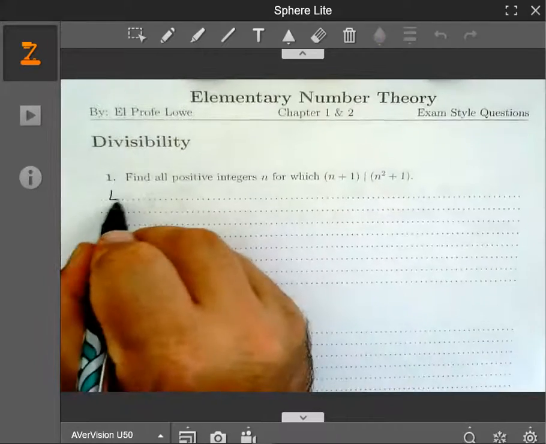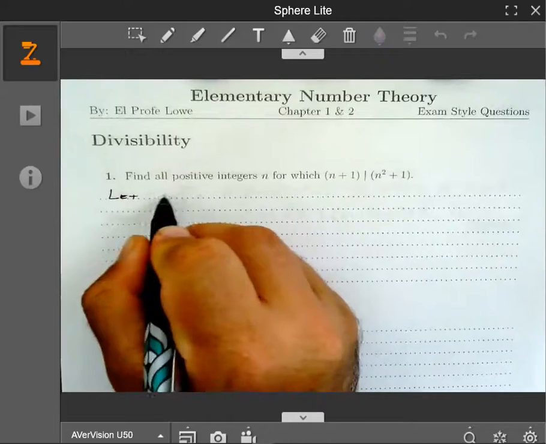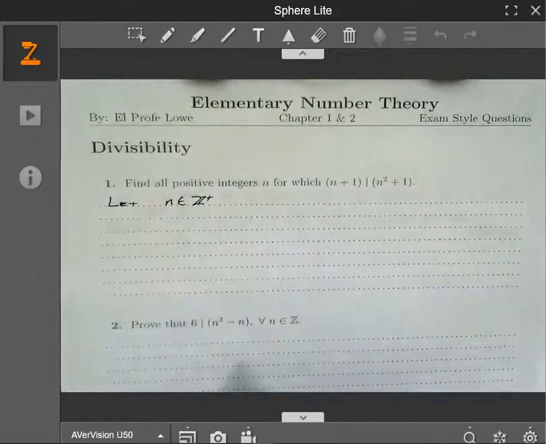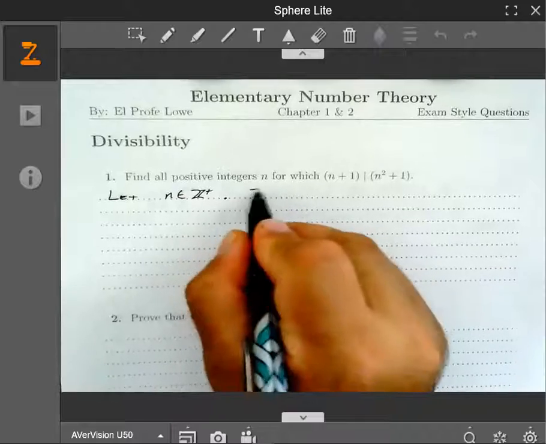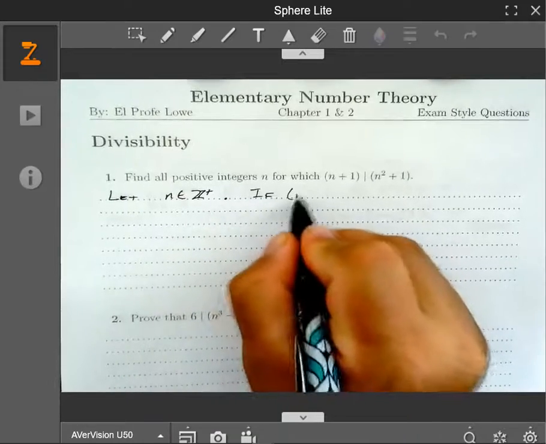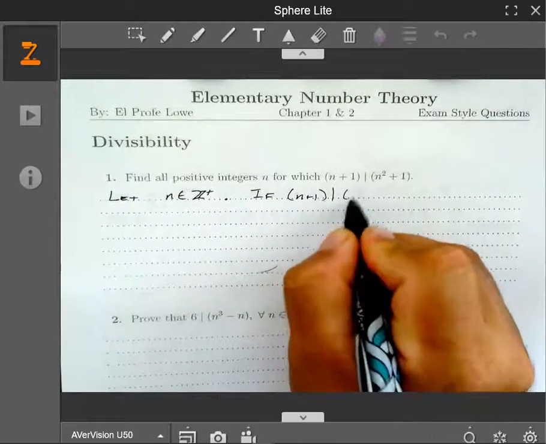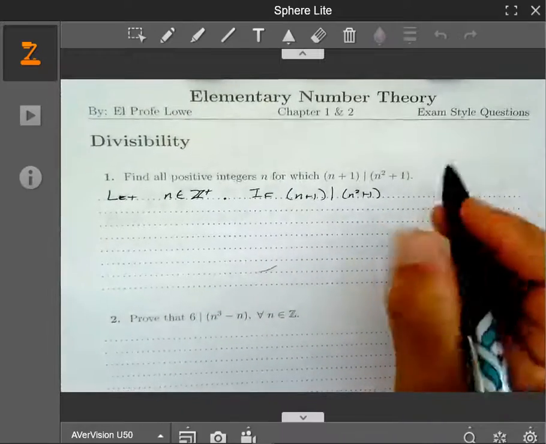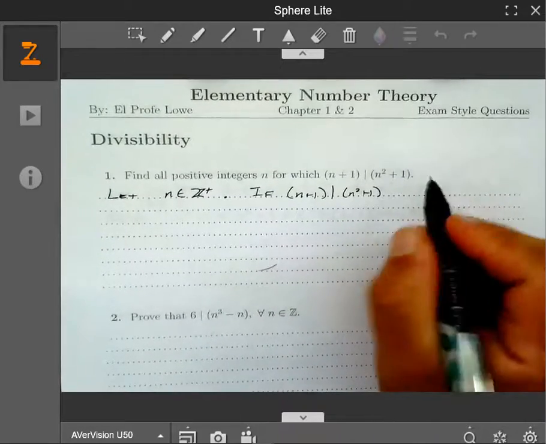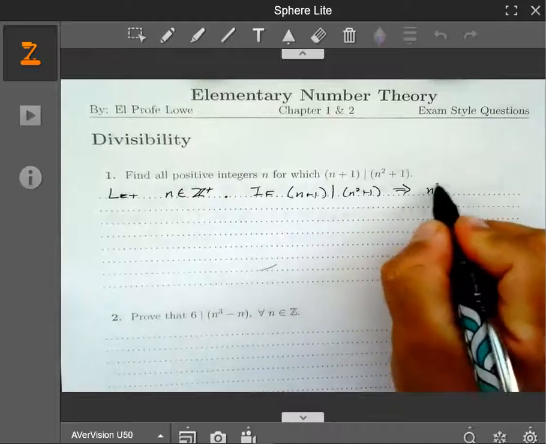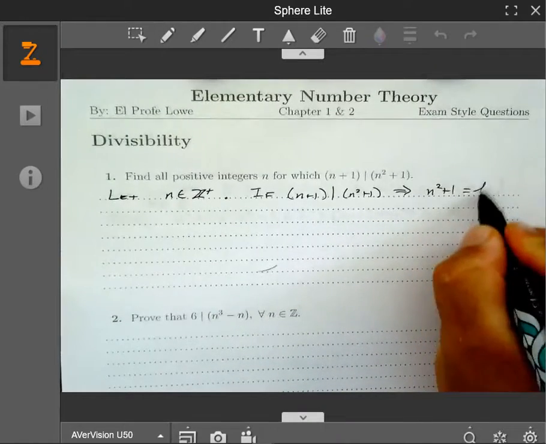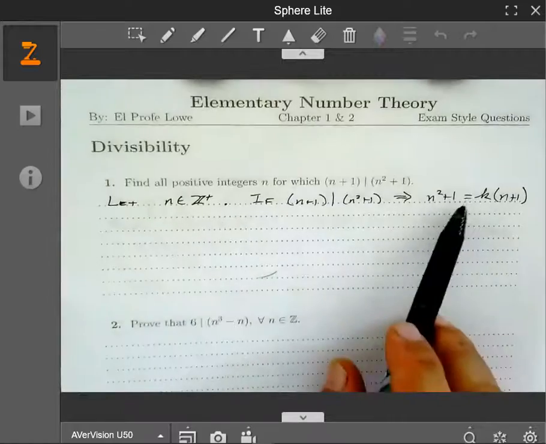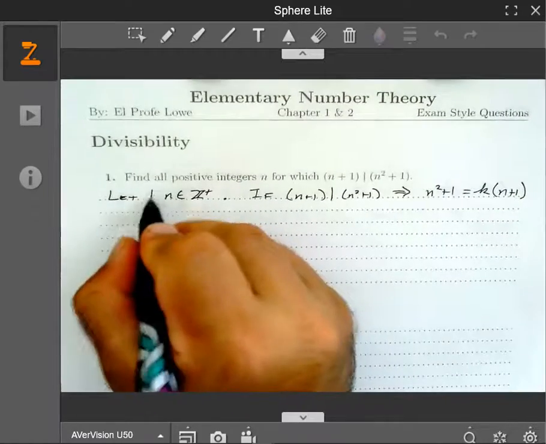All right, so we're going to define our variable and say, let n be a positive integer. Now if n plus 1 divides n squared plus 1, the implication is that n squared plus 1 can be written as some multiple k of n plus 1, where k needs to be a positive integer as well.